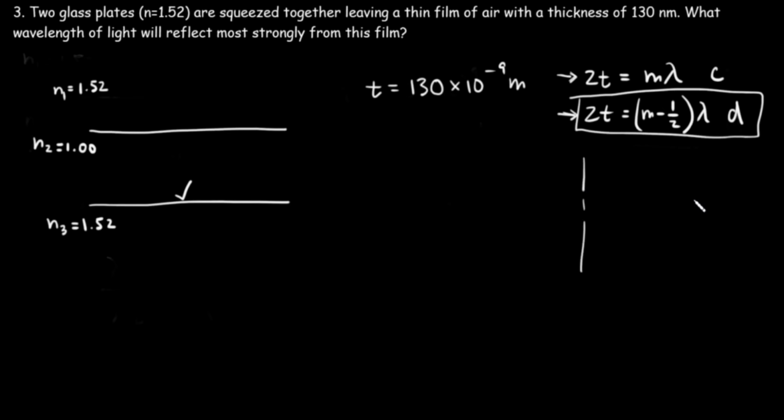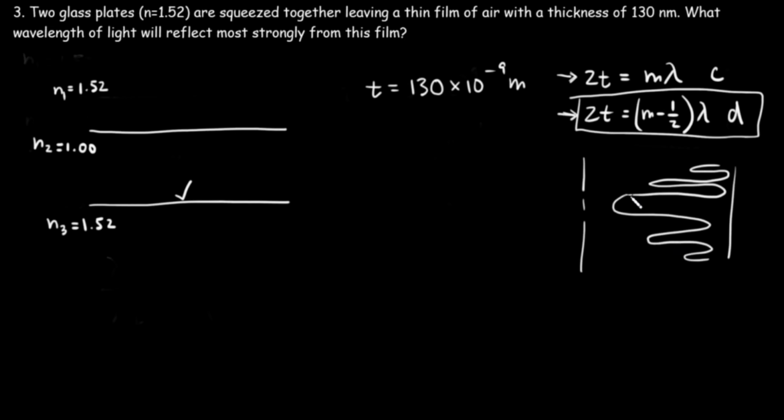And if we go back to our double slit experiment, what value of m will give us the largest wavelength? Basically, what value of m will give you the strongest reflection.